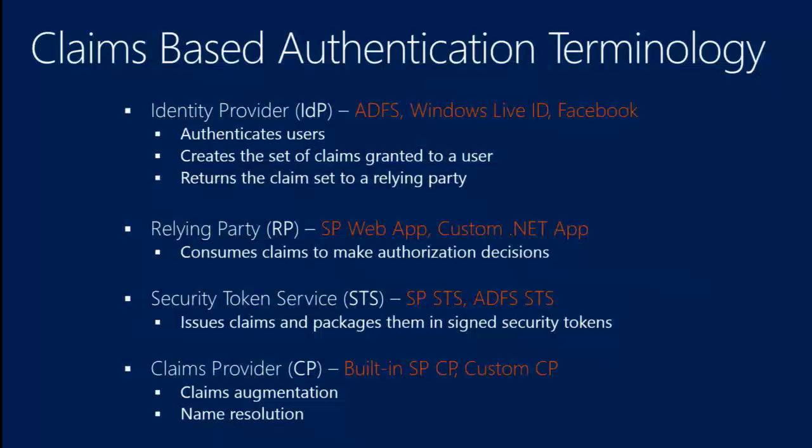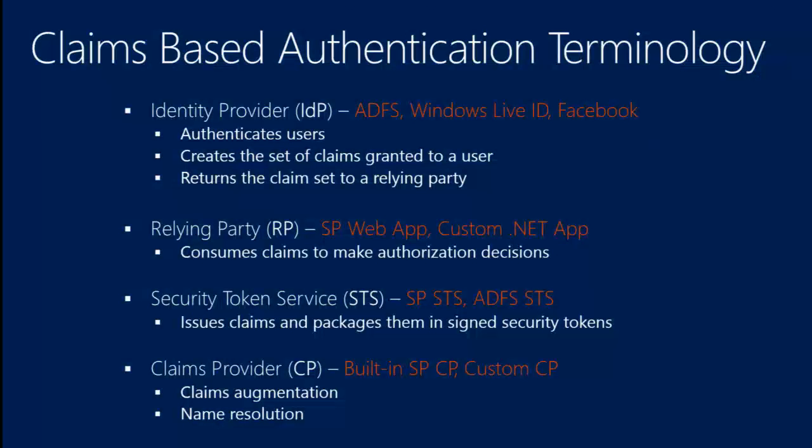The core functionality of every STS is the same, but the nature of the tasks that each STS performs depends on the role that you assign to your STS to play in relation to other STS web services in your design. And we're going to talk more about that in a few slides.